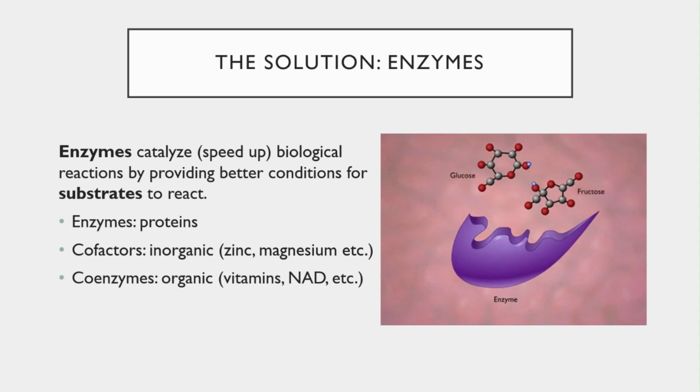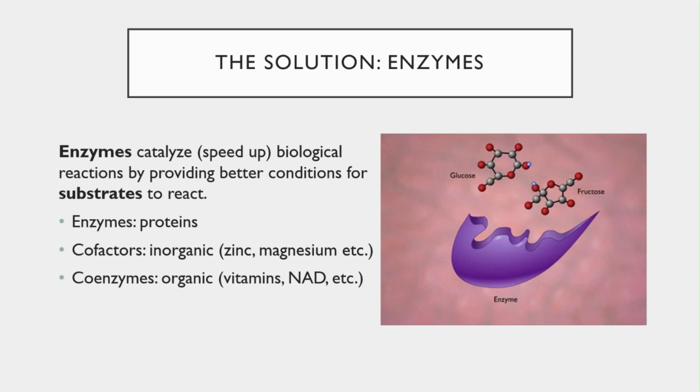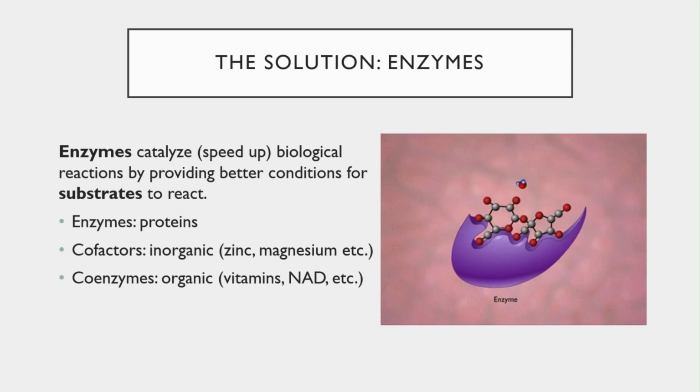Cofactors and coenzymes are non-protein molecules that assist enzymes in catalyzing biochemical reactions. Cofactors are typically inorganic molecules or chemicals, such as metal ions, which aid in enzyme stability and catalysis.